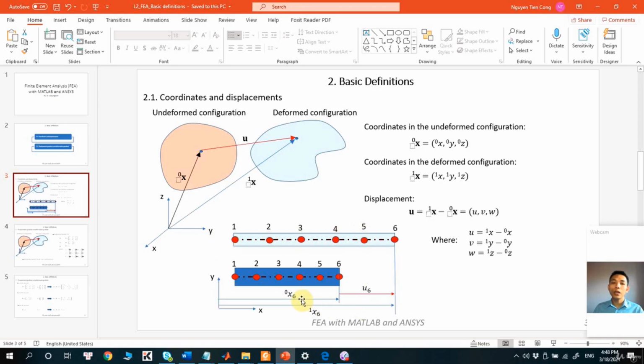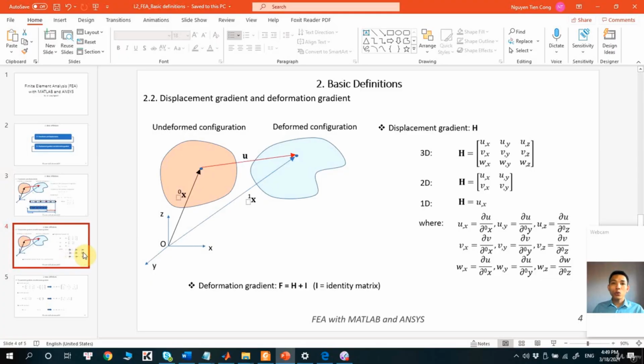As you can see, x60 is the coordinate of point 6 in the undeformed configuration. x61 here is the coordinate of point 6 in the deformed configuration. So u6 will be equal to x61 minus x60. So that is the definition of displacement.